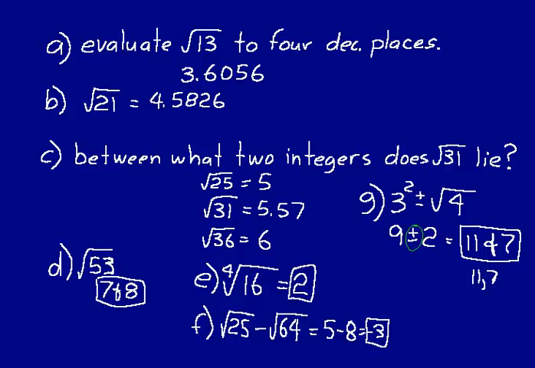So just remember, when they ask you to evaluate a problem with a root, they want you to find the positive root, especially if it's a square root or a fourth root. Cube roots can have a negative root for an answer. For example, if you had the cube root of negative 8, there's only one answer for that.